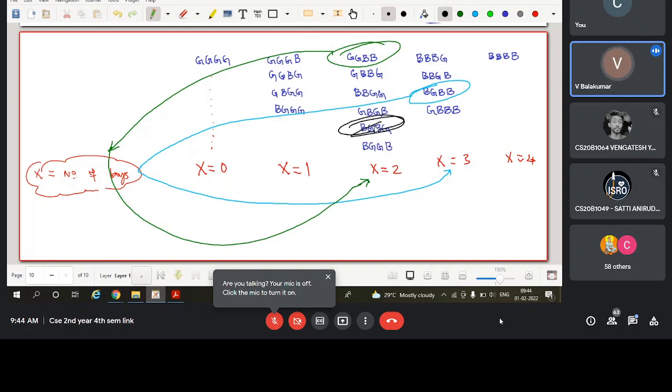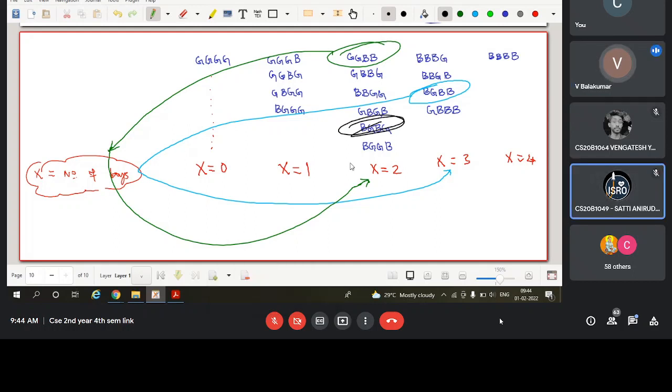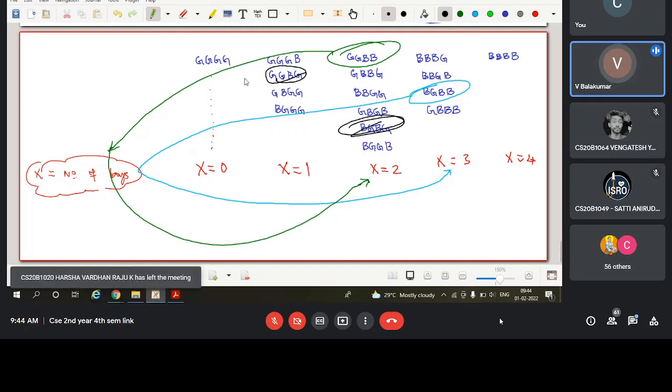Somebody tell me quickly. X equal to 2. What is the number for this? Quick. So you have to go to the definition. We have already written here, X equal to 1, the number of boys equal to 1.